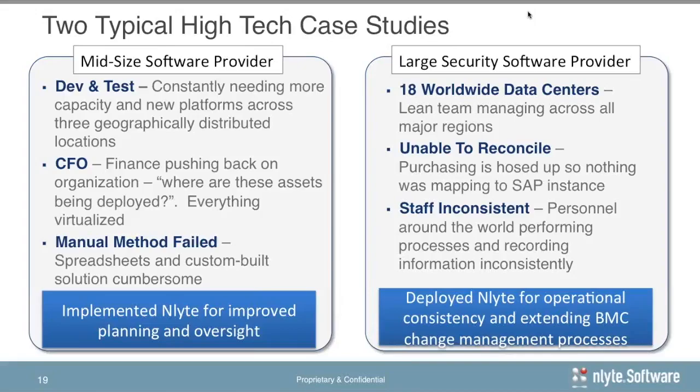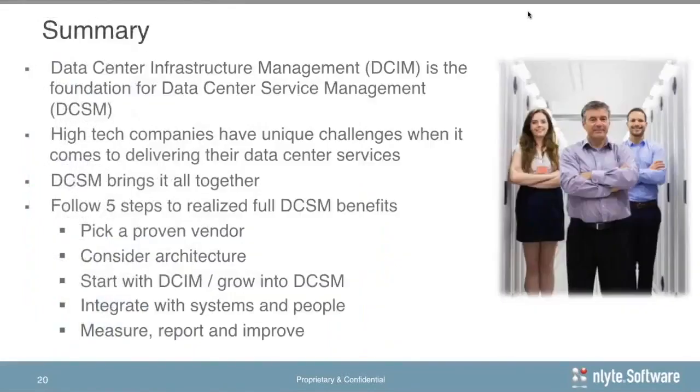So they've increased the operational consistency, and they're actually extending BMC change management processes into the data center. So all these changes begin in BMC and then get punched into Nlyte, where they're then executed and deployed by personnel in the field. So two very specific case studies.